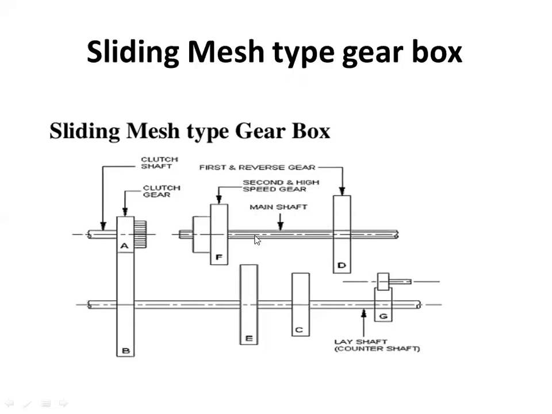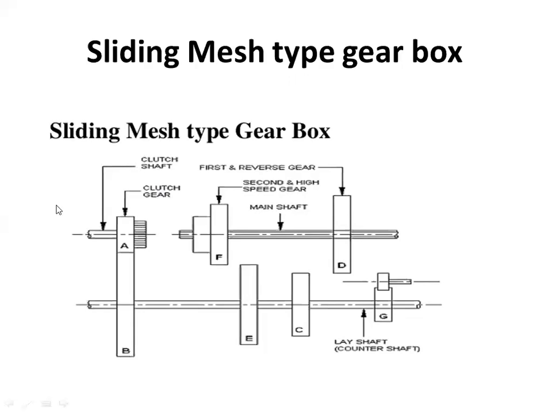On the main shaft, the second and high speed gear and the reverse gear are situated, as well as the first gear, along with the clutch shaft and clutch gear.